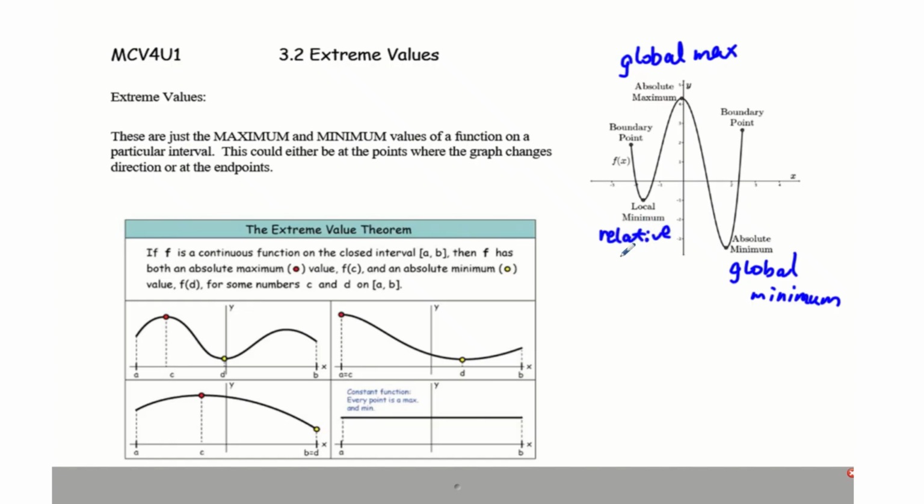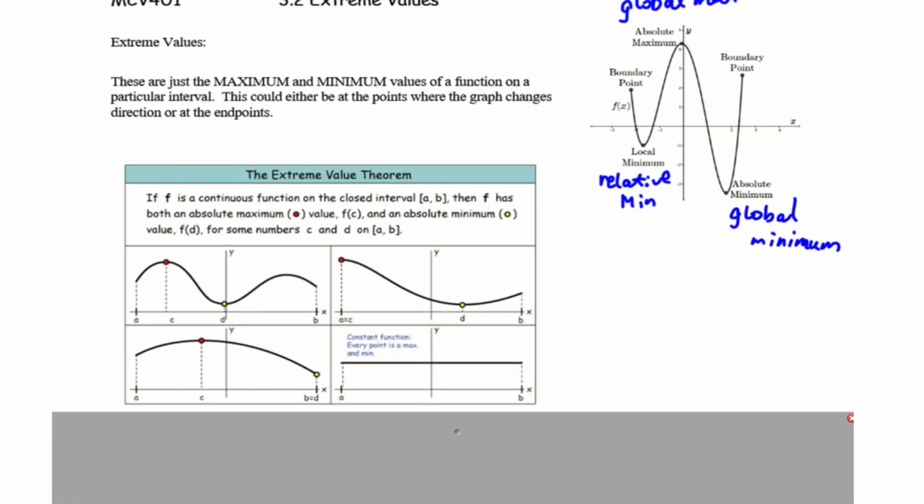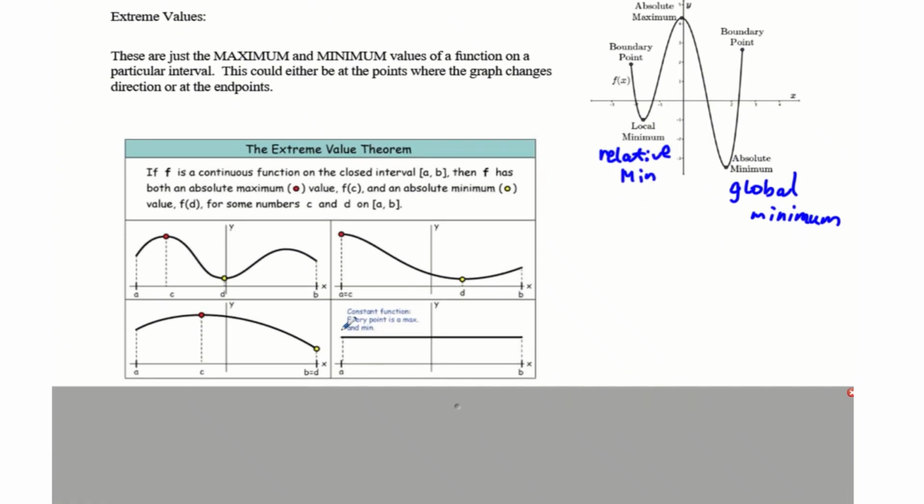It's not absolute. And this is called a boundary point. Sometimes if the boundary point is the highest point, it could be the absolute maximum or minimum, and it depends on the function.